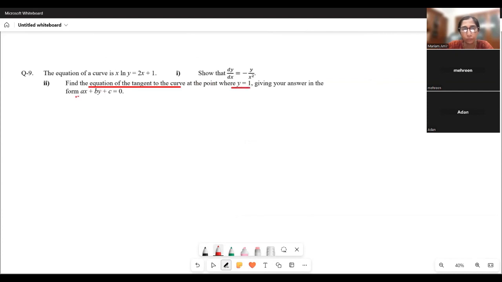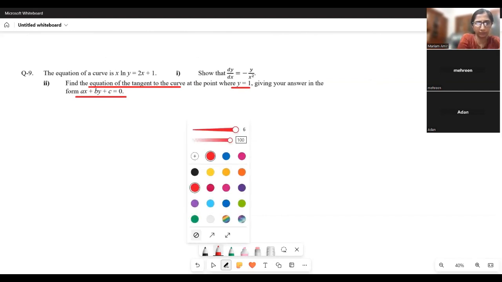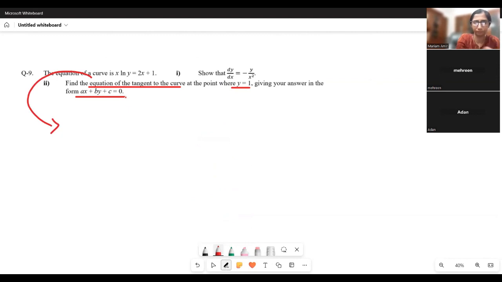Give your answer in the form ax plus by plus c equals 0. Equation of tangent is a straight line. Tangent is a straight line.